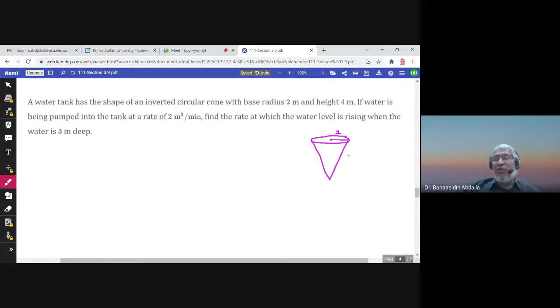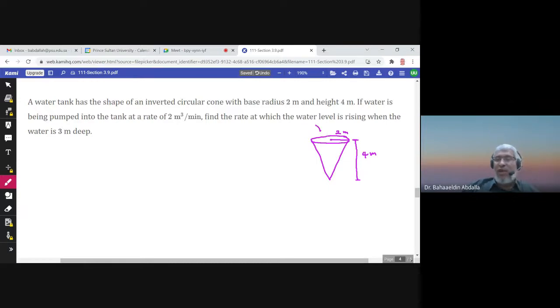And the height of the cone, the distance from here to here, is the height. That's 4 meter. Okay, so the distance is fixed. The cone is not changing. The cone is fixed. Its radius is 2, its height is 4. Now what's happening if water is being pumped into the tank?